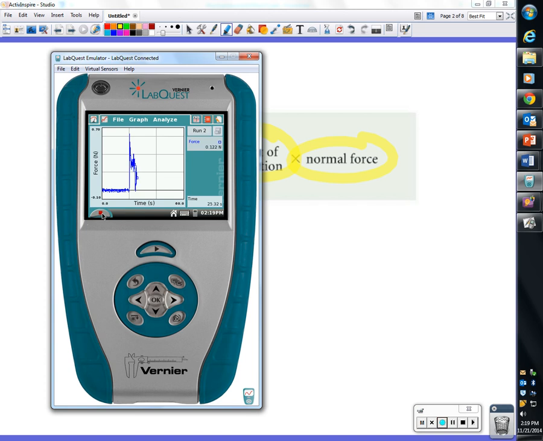And put that down to 0. Stop it here. Okay. So now, let's take a look at both of them together. Red was trial 1 where I pulled it slowly, blue was trial 2 where I pulled it more quickly.